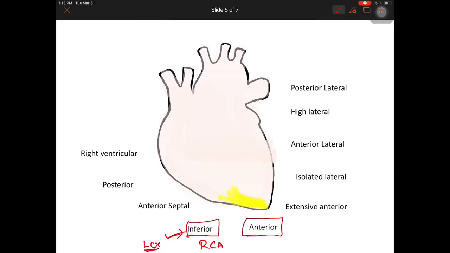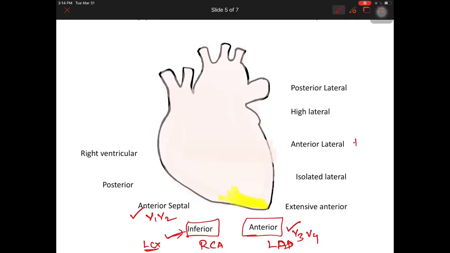Anterior left ventricle is infarcted due to occlusion of the left anterior descending artery, LAD. If it is distal, only anterior will be involved. If it is more proximal, anterior septal will also be involved. This will be picked up by V1 and V2, then V3 and V4.